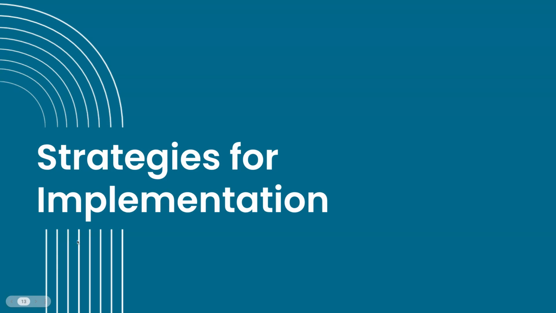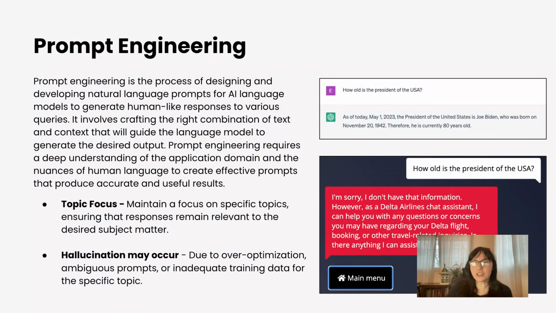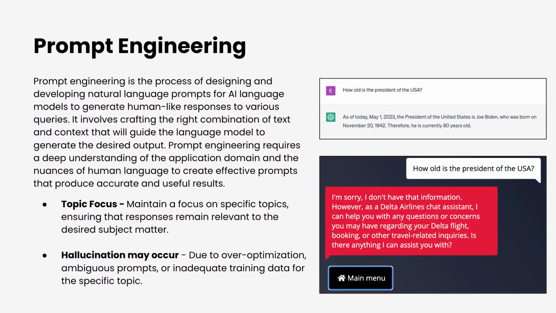So strategies for implementation. This is the fun part. Prompt engineering is something that's in our toolkit. This is a go-to whenever we begin to implement a generative AI use case. We're able to adjust the prompting so that something coming from a chat solution is going to look a lot different than if you were to go to the ChatGPT website or any other generative AI website.